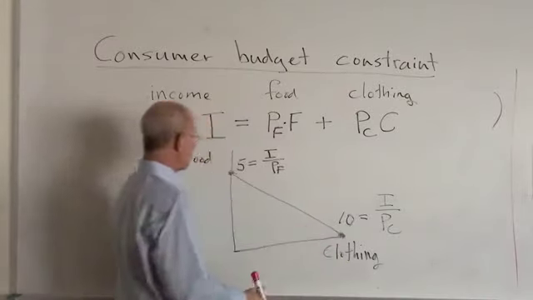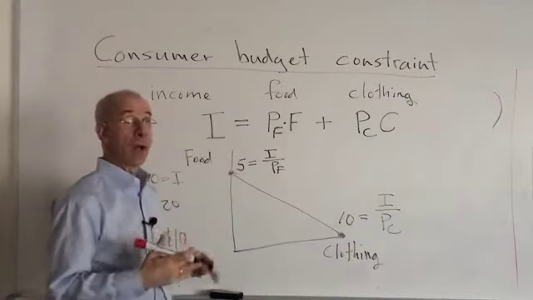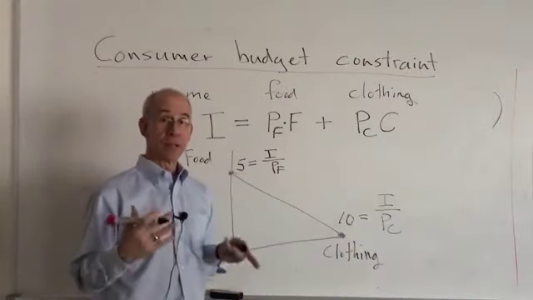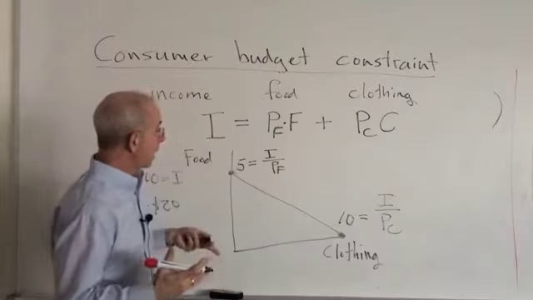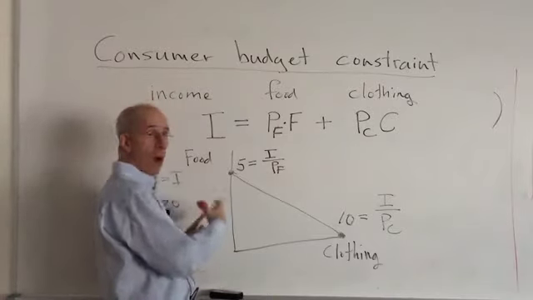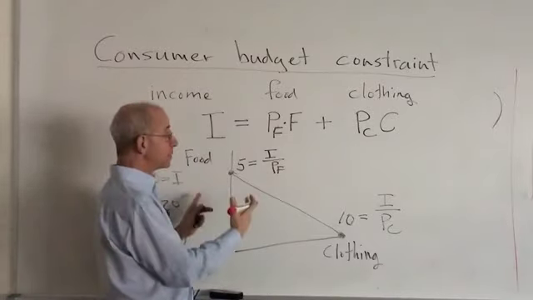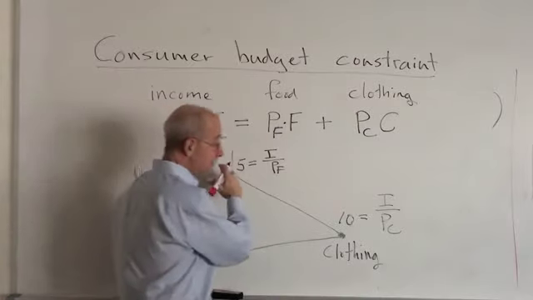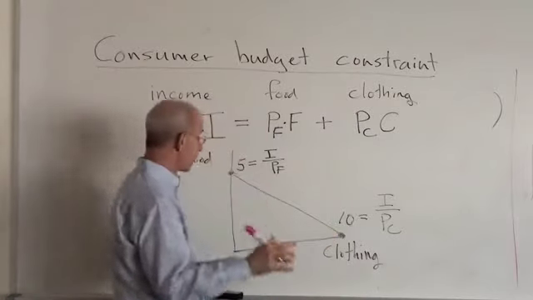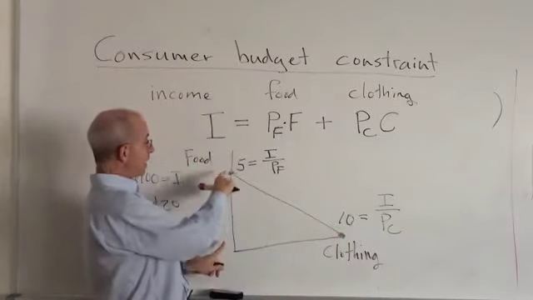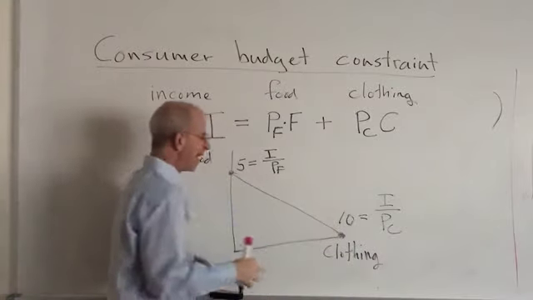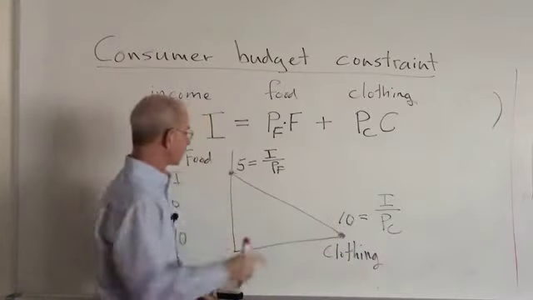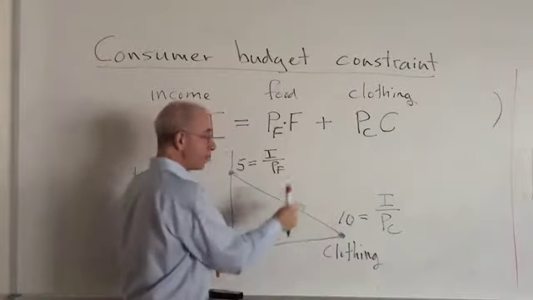I can only buy clothing, I can only buy food, or I can buy some combination in between. And the trade-off between these two is the slope of this line. Remember the slope, okay? The slope of this line is 5/10. It's 1/2. It's rise over run, 5/10.